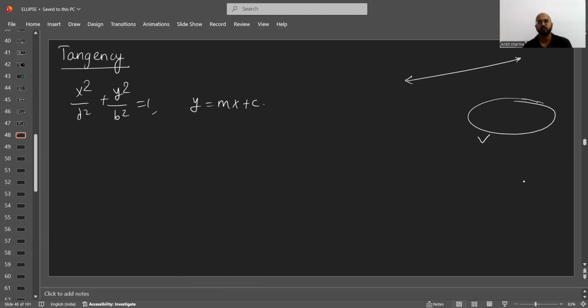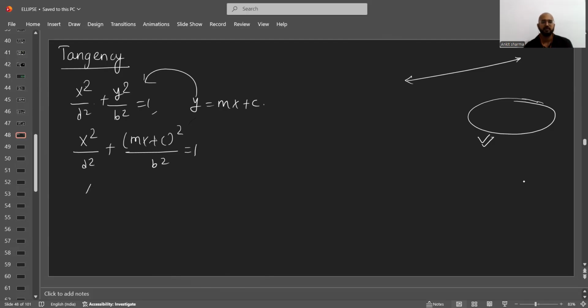So of course, this is a 2-degree conic. That means we can take help from quadratic equations. So I'm just going to plug in here in this equation and solve for the quadratic in x. So x square over a square plus (mx plus c) the whole square over b square is equal to 1.